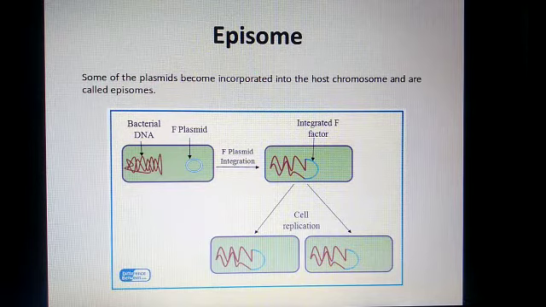Some plasmids become incorporated into the host chromosome and are called episomes. But nowadays it is considered that an episome is a portion of genetic material that can exist independent of the chromosome at some times, while at other times it is able to integrate into the chromosome.